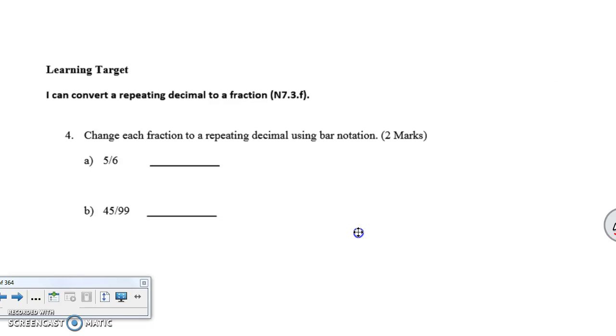I can convert a repeating decimal to a fraction, so change each one using bar notation. So this is something that we haven't talked about and that I doubt you have seen. Bar notation just means the line over top there. So if I had 0.3 like I used in the previous example, then I have my decimal over top.